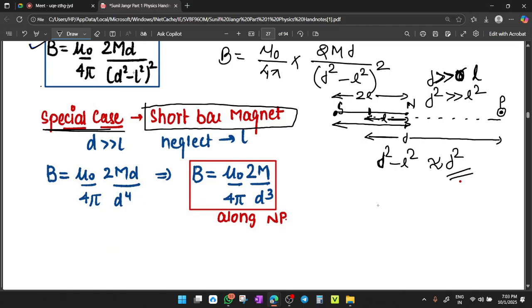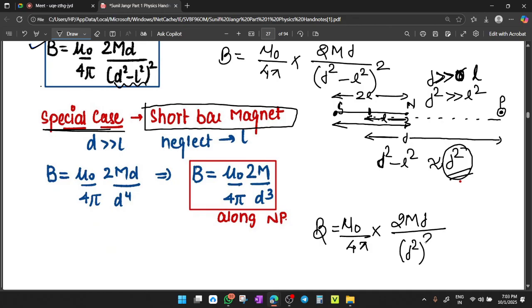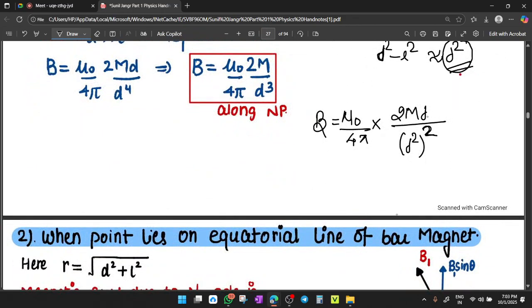So I can put the value here, B equals mu naught upon 4 pi. In the same derivation, the numerator was 2m into d and the denominator (d square minus L square) whole square. We have just approximated d square minus L square as d square, so in its place we put d square, again power 2. Now 2 into 2 becomes power 4.